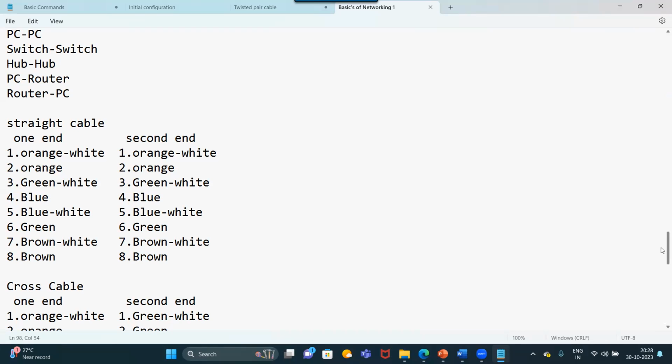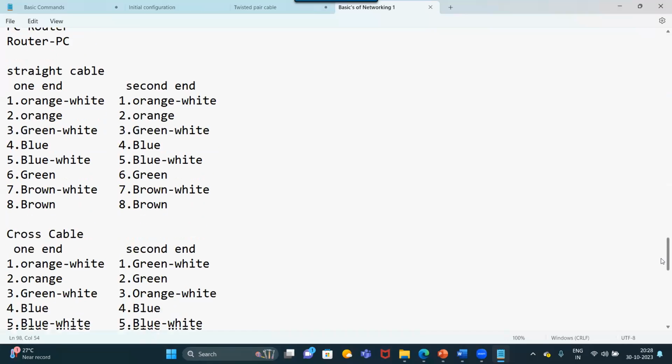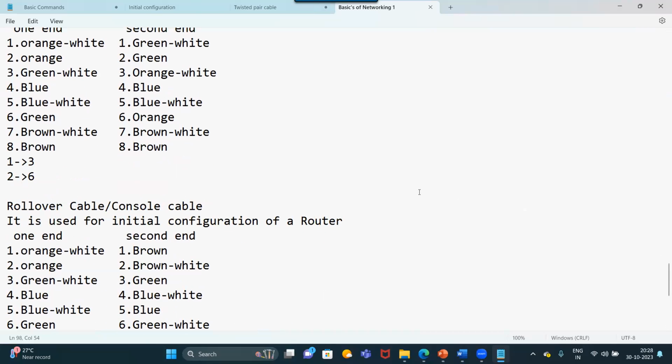And coming to cross cable, in cross cable 1, 3, 2, 6 colors are changing. In one end, the first color goes to the third position. The second color goes to the sixth position, that I mentioned here already. So if both sides have the same color coding, that is a straight cable. If from one end to the other end the color coding is changing, that is a cross cable.